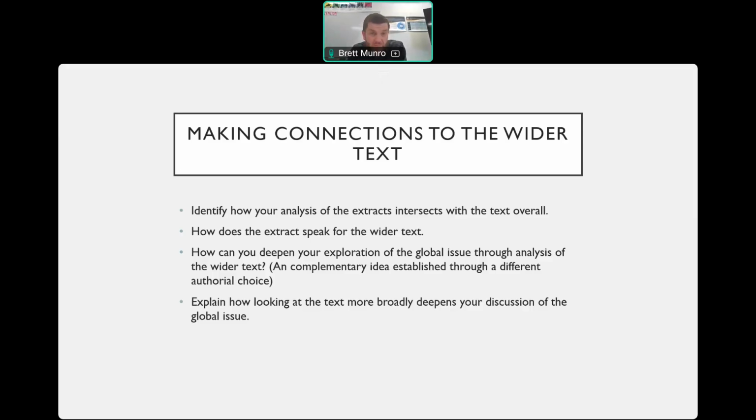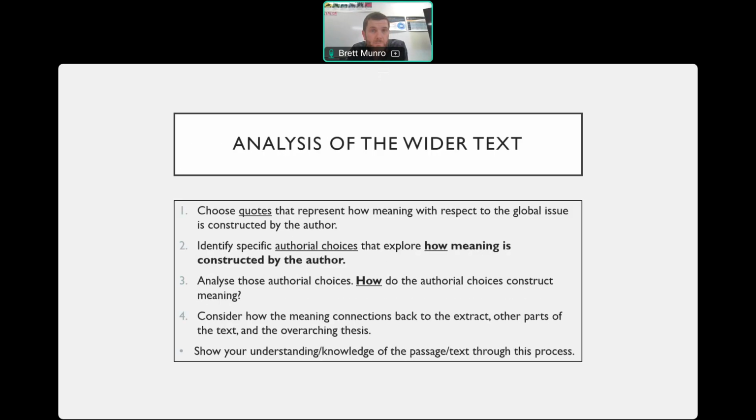How can you deepen your exploration of the global issue through analysis of the wider text? That is, what is a complementary idea maybe that is established through a different authorial choice? Or what is a complementary idea that's a bit different, that enables you to go in a slightly different direction? Hopefully, you're able to explain how looking at the text more broadly deepens your discussion of the global issue overall.